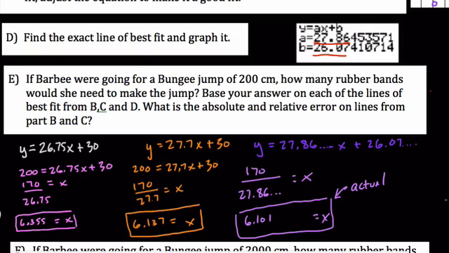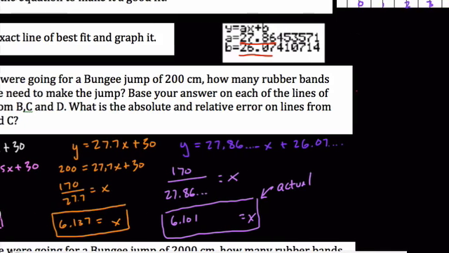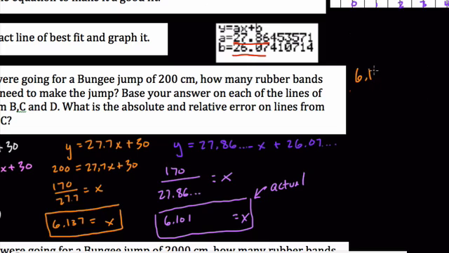Here, the absolute error for the average slope one will be 6.137 minus 6.101, and that's only 0.036 off. That's our absolute error.